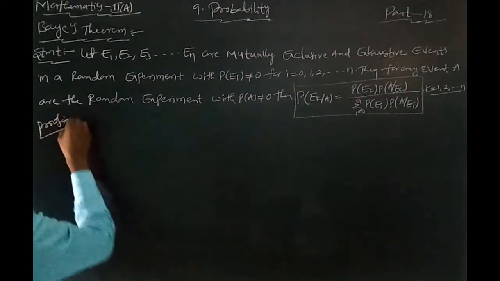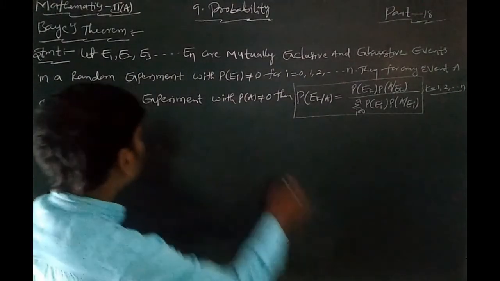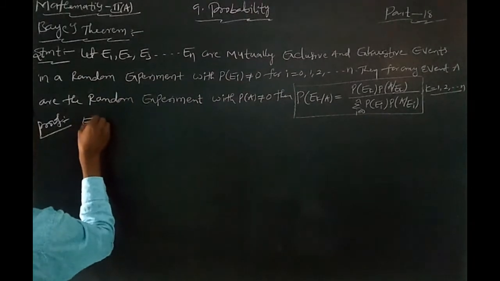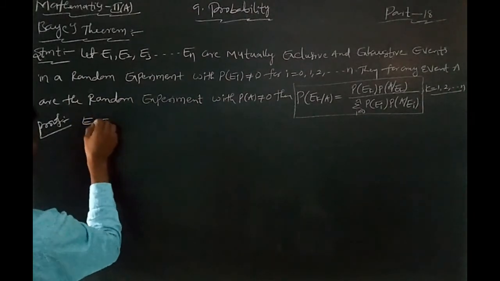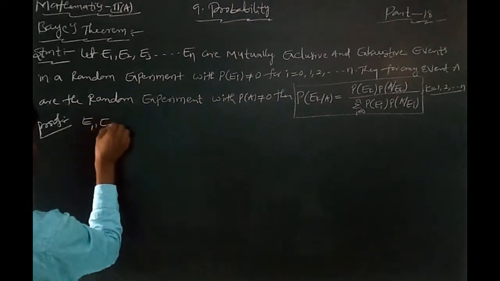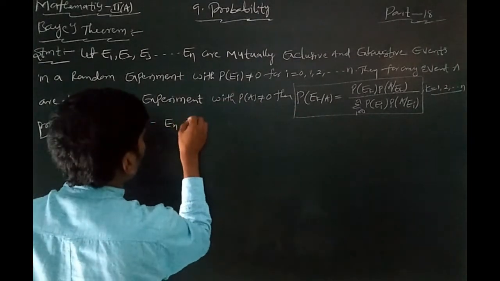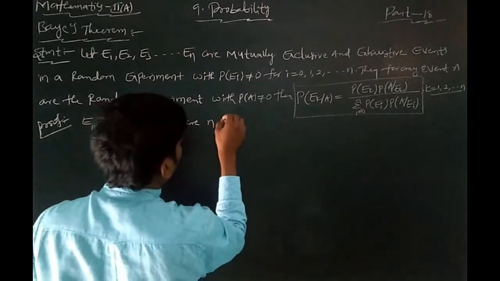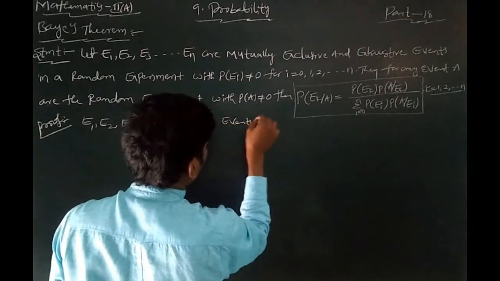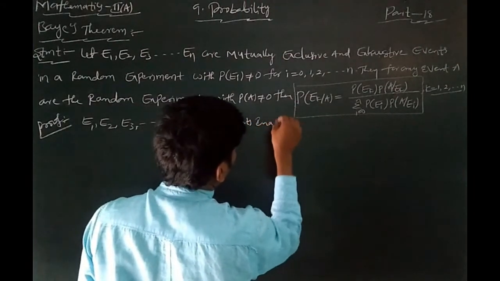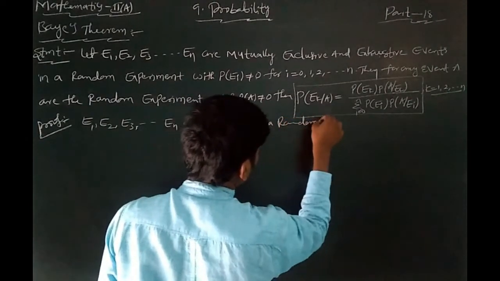What is the proof of Bayes theorem? First of all, what is given? Here E1, E2, E3, and so on, En are n events in a random experiment. Which experiment?